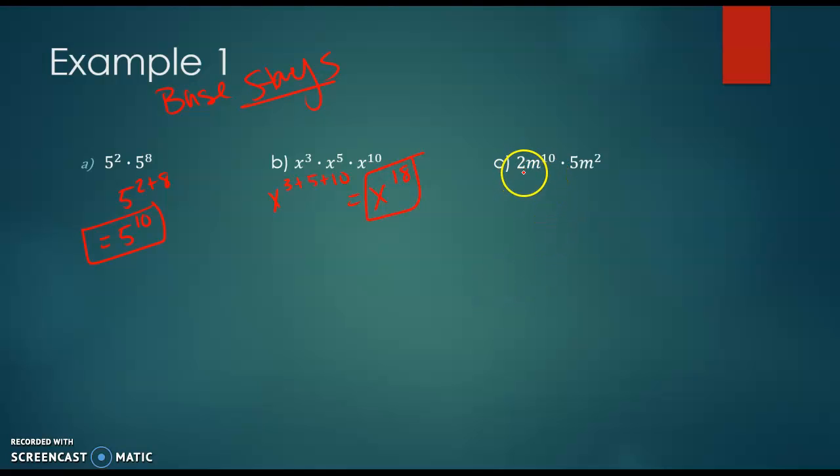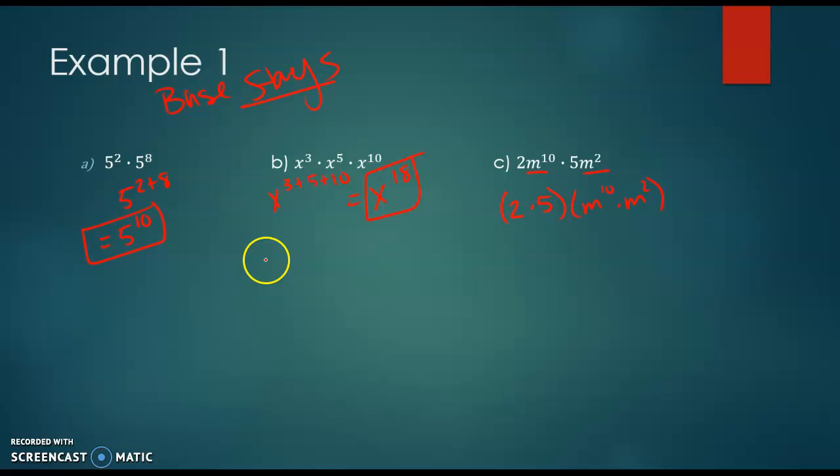Now here, we've got our base is the m's. The 10 is not with the 2, is not with the 5. So we're going to take 2 times 5, like it says, and then we're going to do m to the 10th times m squared. We're just going to group them. We're using that associative property.